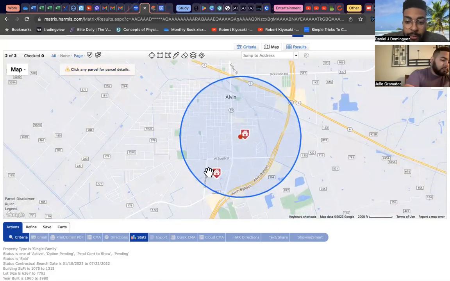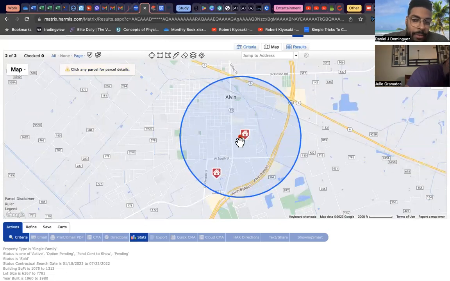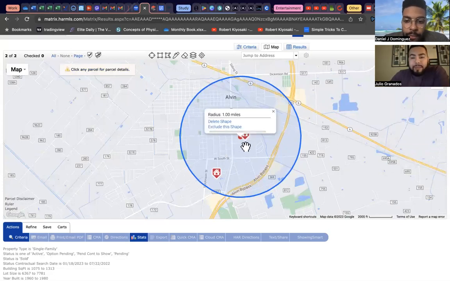Definitely this one because it's right down the street. This one I'm a little bit iffy about, but if it was only this one, I'd be like, all right, let me play with the numbers and see what else I can find within a few feet of the property.